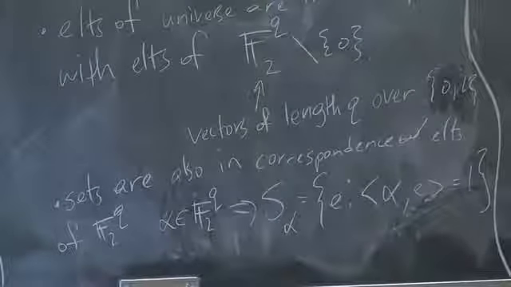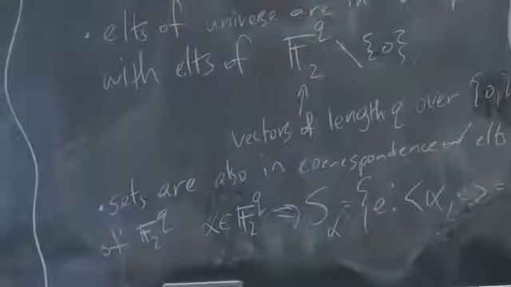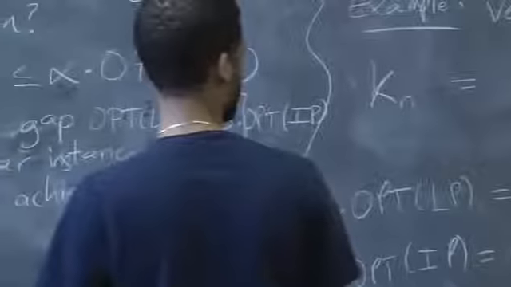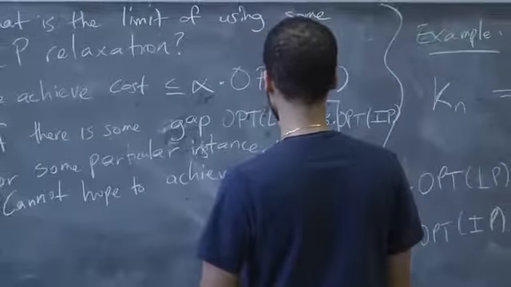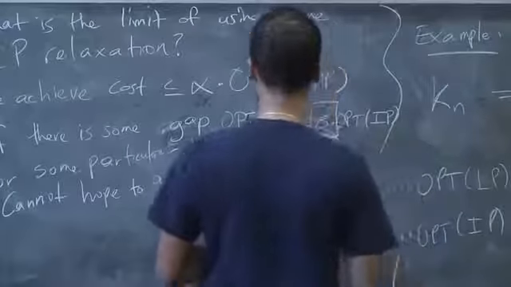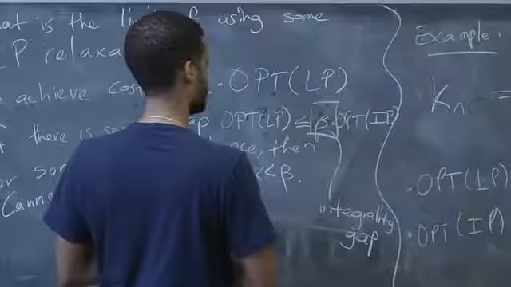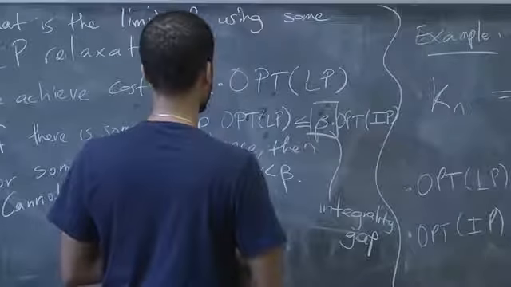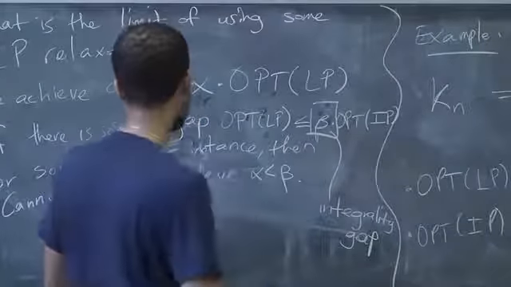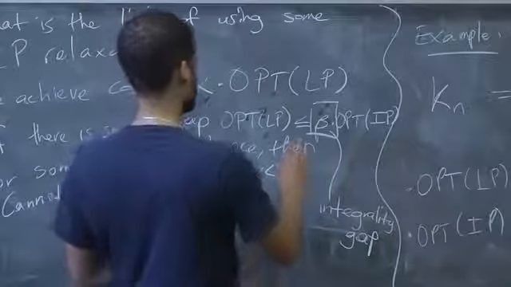Yeah. Right, so I think that beta is 1 over alpha, right? Like, it's like the reciprocal. Oh, is that right? So, oh yeah. I see what you mean. You can't hope to achieve alpha. Yeah, okay. Yeah, so opt of the IP. So opt of IP is greater than or equal to 1 over beta opt, or no?